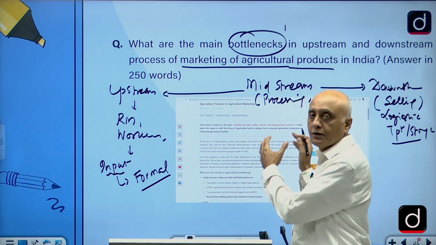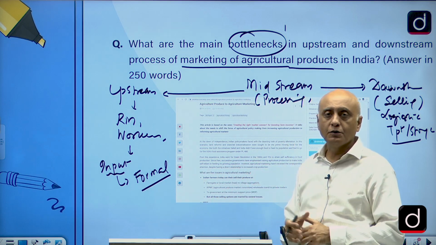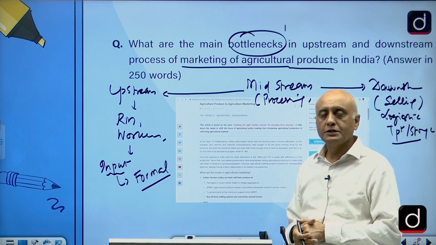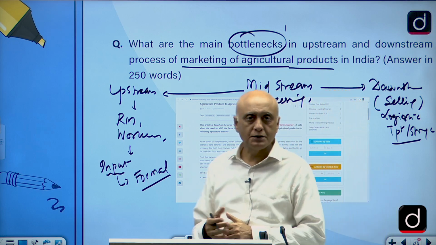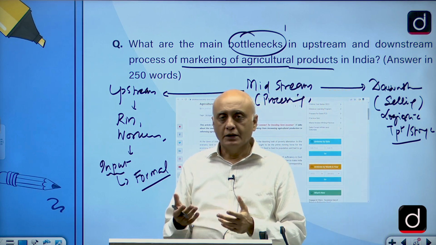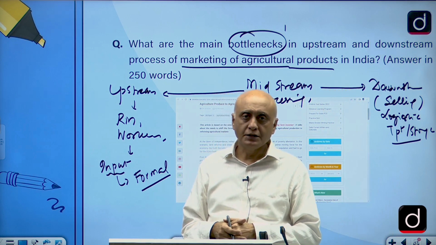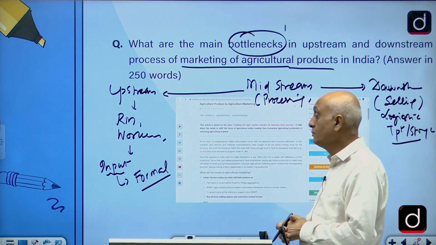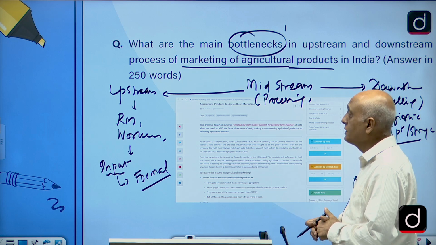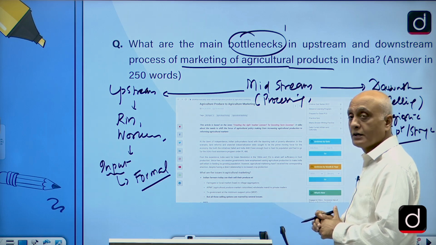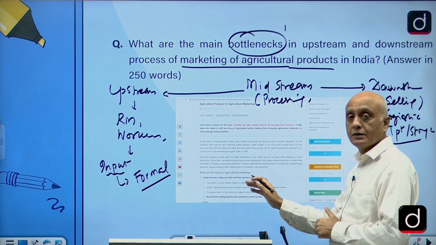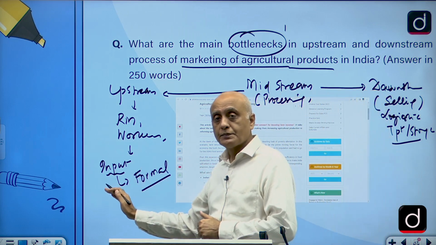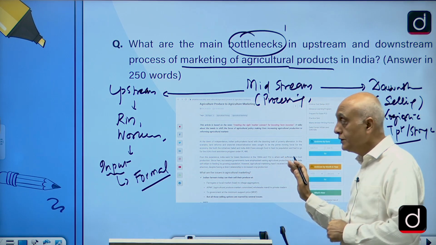But the farmers who are doing these midstream activities, they are very small people. 86% of Indian farmers are marginal farmers, and around 45-46% of the land is owned by them in India. So most of them are working in the informal sector. So the first bottleneck is the connect between large companies and the small farmers.